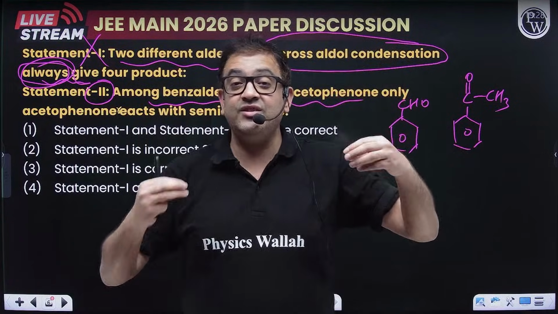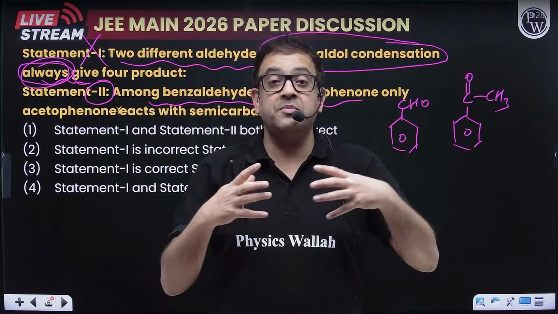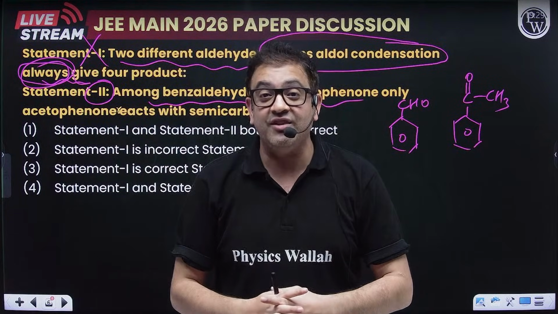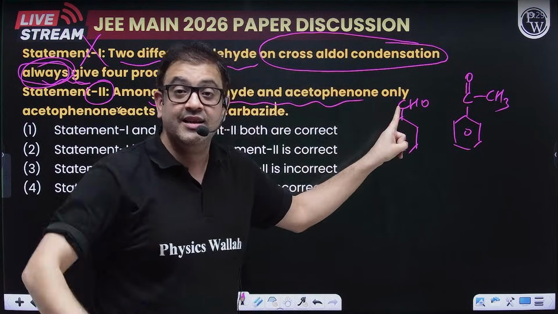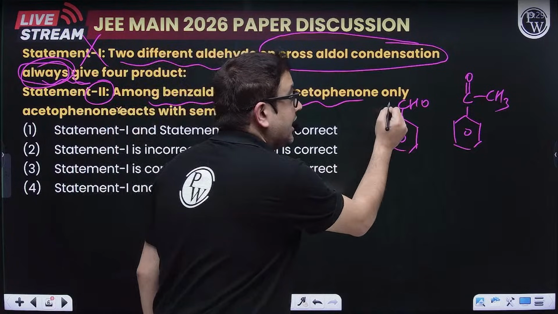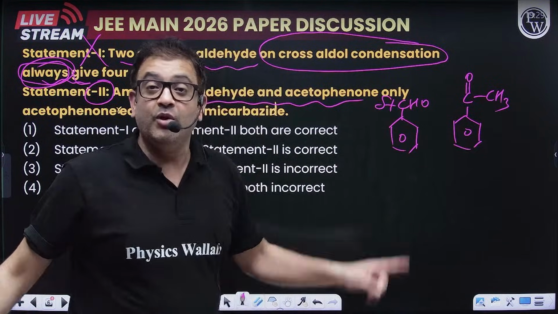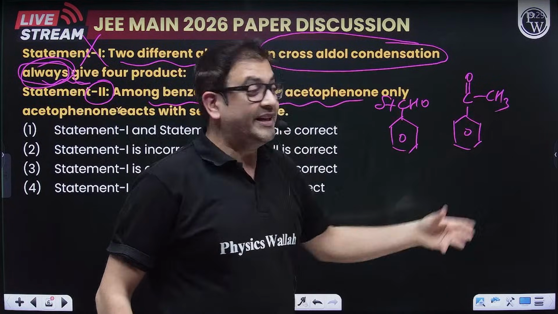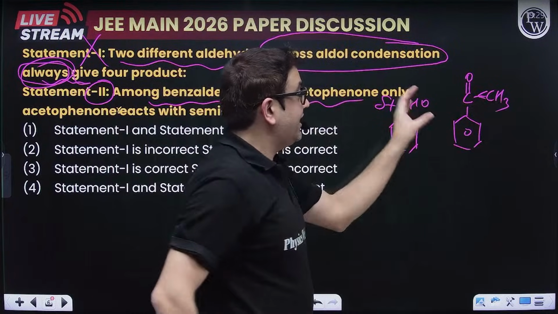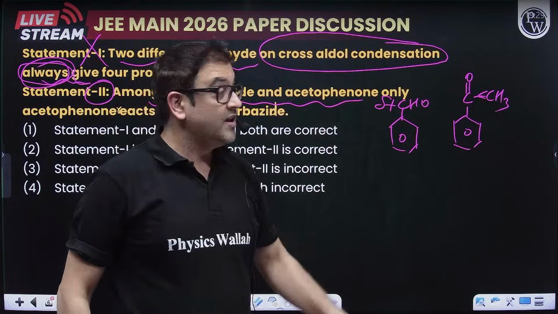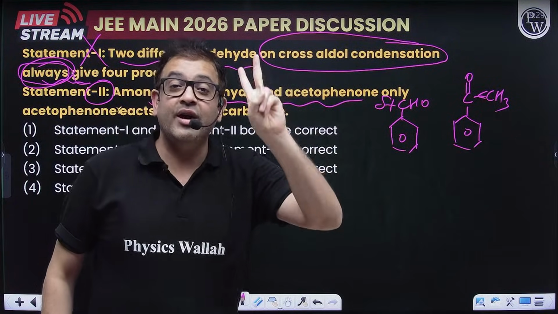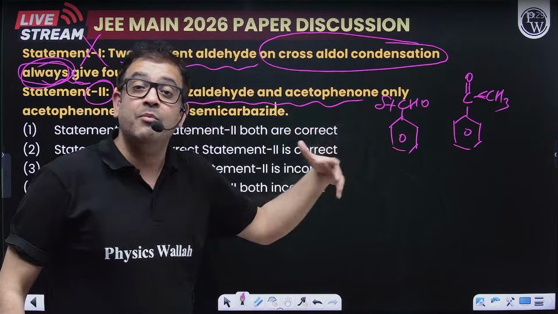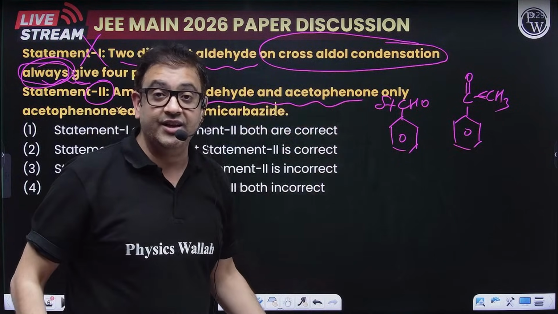Aldehyde tends to have higher susceptibility to nucleophilic addition. Why? Because steric hindrance is less, and second, the delta positivity is also high. Why? Because in a ketone, you will be providing plus I effect and that delta positivity will be decreased. So because of steric factor and electronic factor, aldehydes are more susceptible to nucleophilic addition.